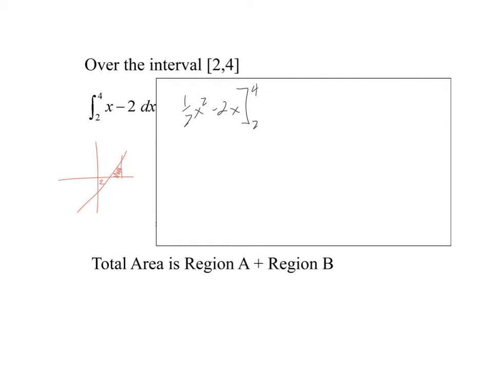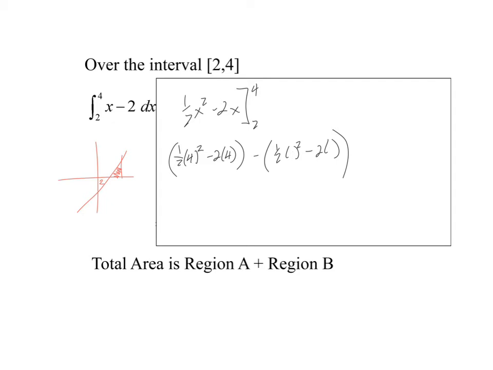So do the same thing, plug in a 4, and then subtract the 0. Oh, sorry, it wasn't 0, it was 2. I screwed that up again. Let's fix that.